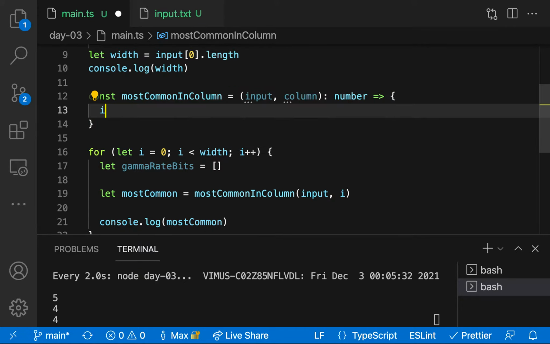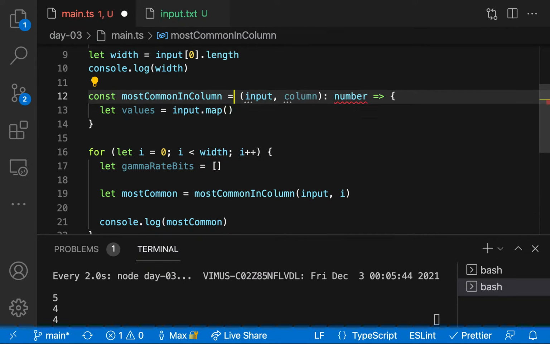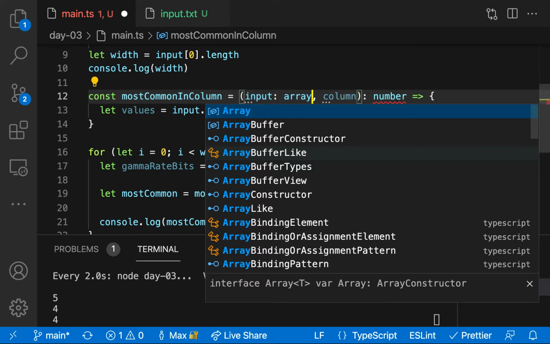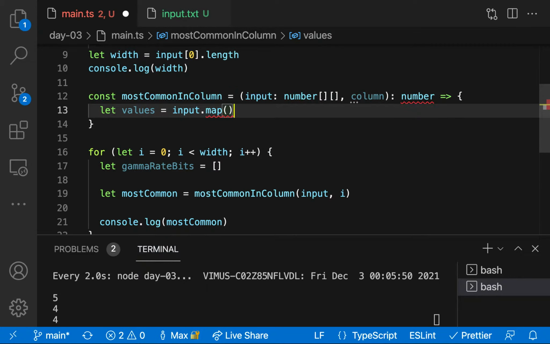So here we'll say input dot, let values equals input dot map. And I guess this is an array, or I guess number, an array of numbers, yeah.